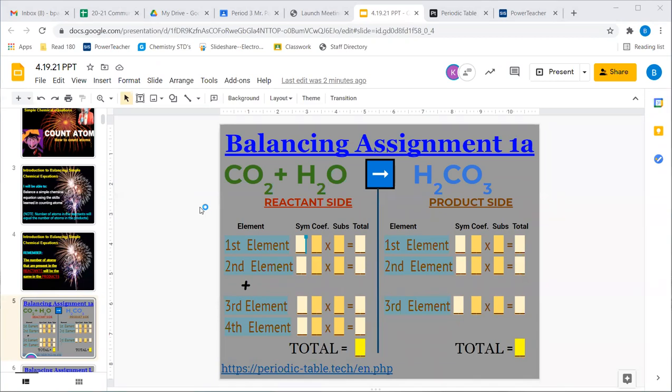In other words, whoever is in the breakout room is going to work as a group and figure this out. Can you make me co-host, Mr. Paul? I surely will. Now, Mr. Little, when you get into the breakout room, you might want to make a copy of this slide so that we're not stepping on one another's toes.